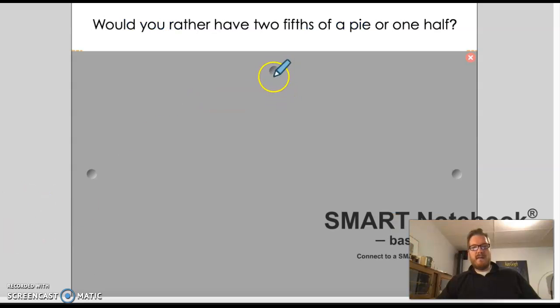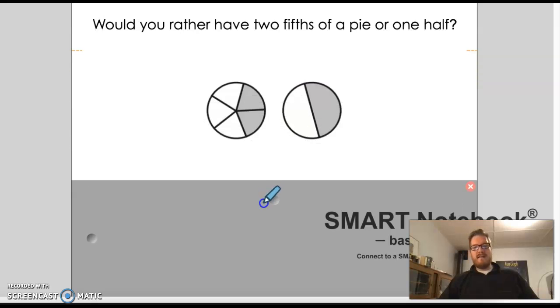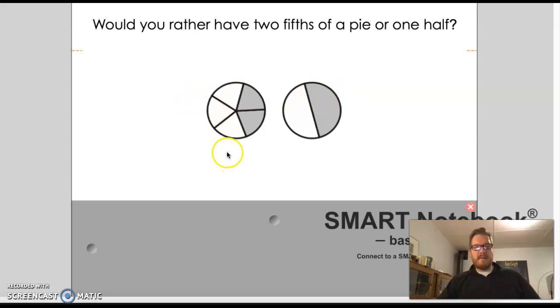Okay. Would you rather have 2/5 of a pie or 1/2? That one's going to be hard to tell, but this is 2/5 and this is 1/2. So again, different numerators, different denominators, but I see that 1/2 is actually more than 2/5.